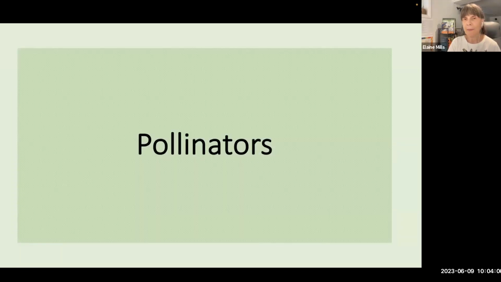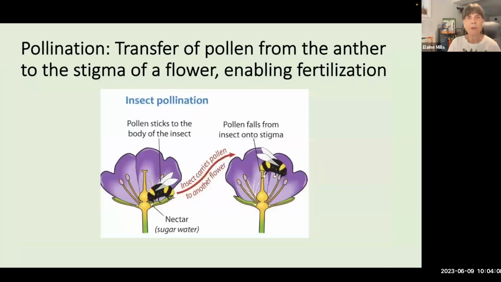Before we look at the pollinators themselves, let's just do a quick review of pollination. This, very simply, is the transfer of pollen from the anther, or the male part of a flower, to the stigma, or the female part of a flower, enabling fertilization.